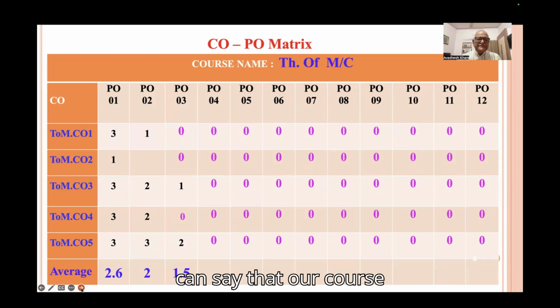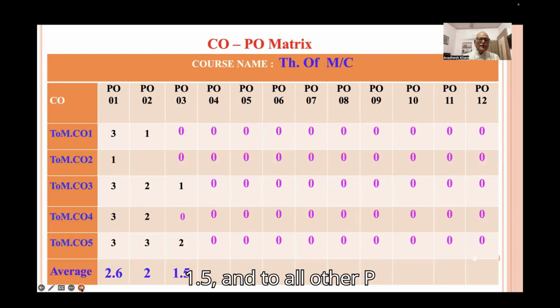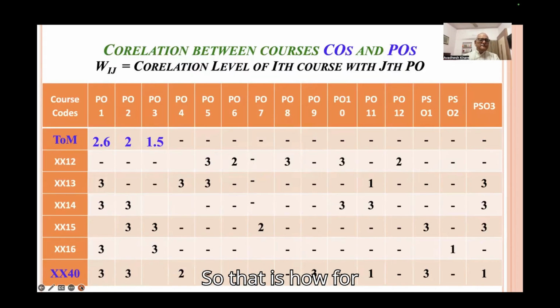Therefore, we can say that our course Theory of Machines is correlated to PO1 at an average value of 2.6, to PO2 at an average value of 2, and to PO3 at an average value of 1.5. And to all other POs, it is not correlated. That is how for every course we will calculate the correlation values with POs.